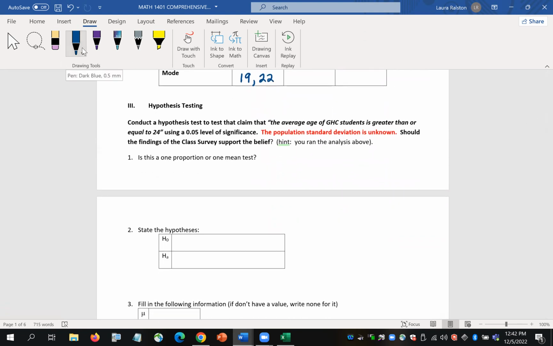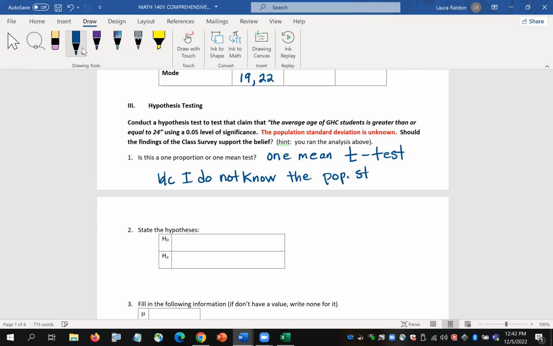Now, let me remind you, I know that this is a one mean t-test because I do not know the population standard deviation.